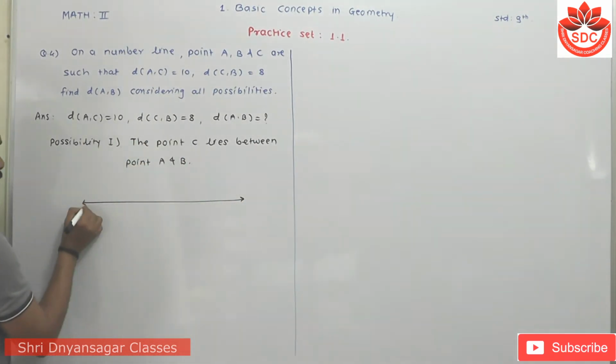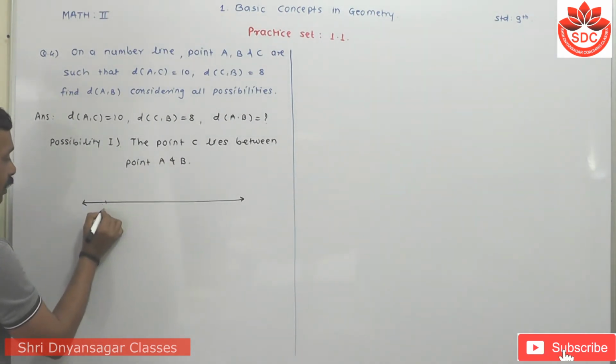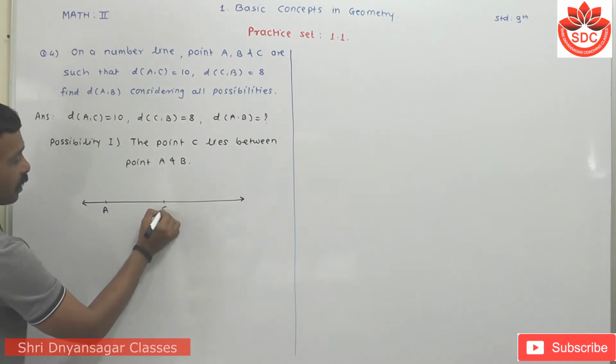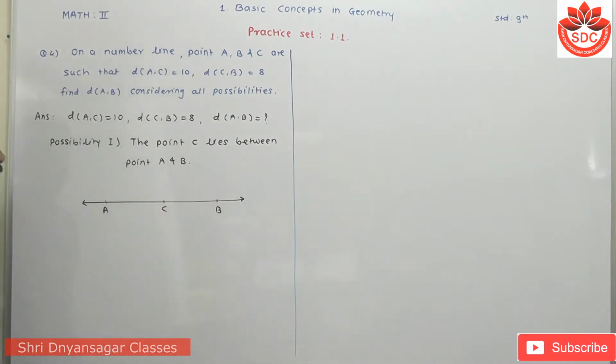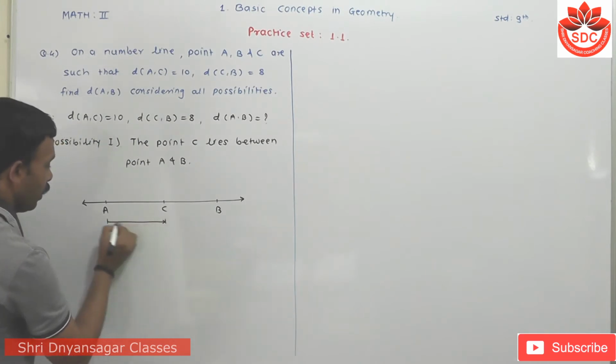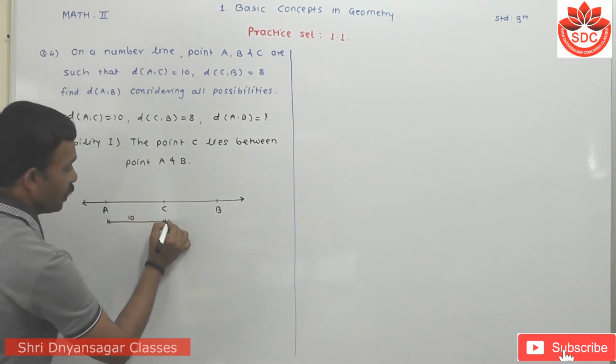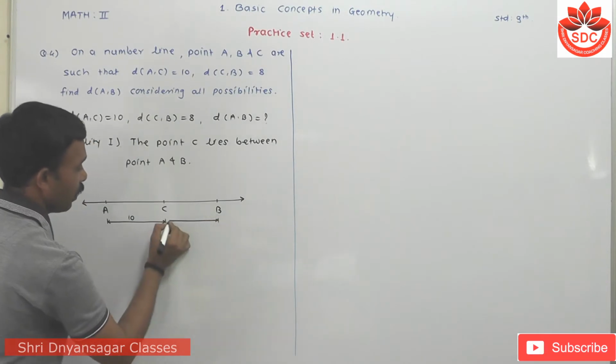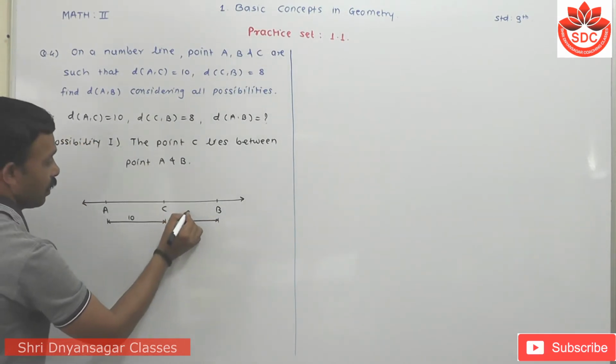Suppose this is the line and the point C is in between: this is point A, this is C, and suppose this is B. Here AC is given as 10 units, and BC is 8.